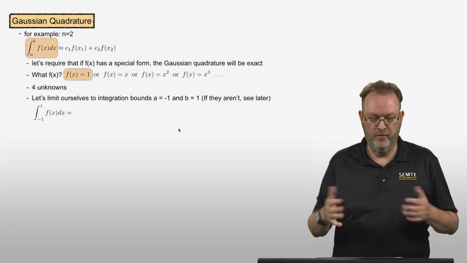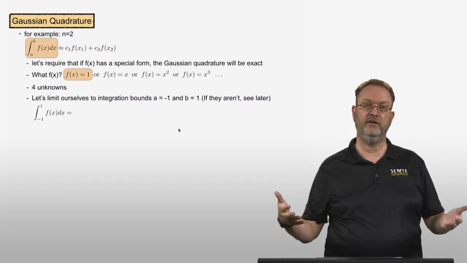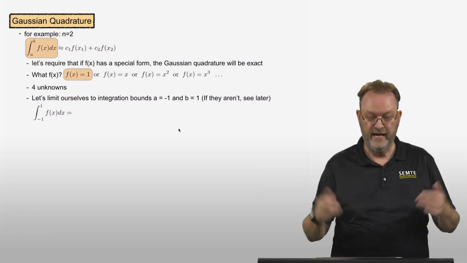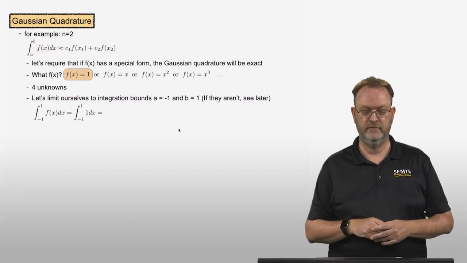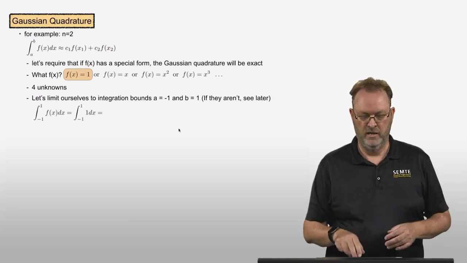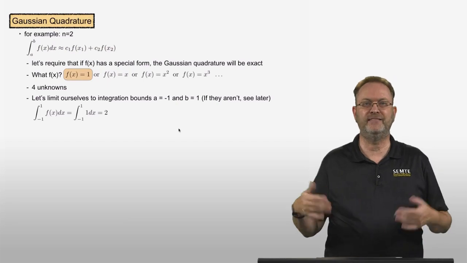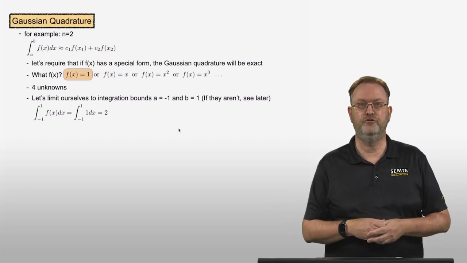So I want to have the integral from -1 to 1 of f of x dx, where f of x is equal to 1. I want to be able to integrate this exactly. I know that the integral from -1 to 1 of 1 dx analytically is equal to 2.